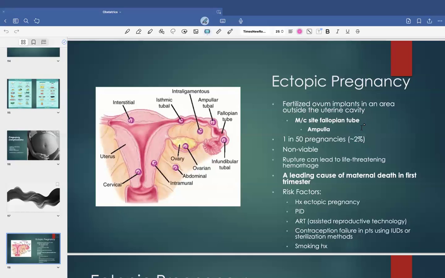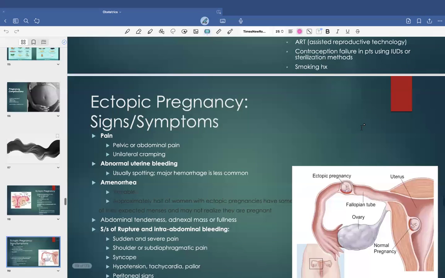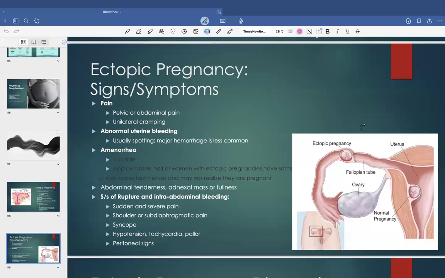So what do we see? Signs and symptoms. At first, an ectopic pregnancy may feel like a normal pregnancy: the same signs and symptoms, positive home pregnancy test, missed periods, tender breasts, your normal nausea and upset stomach. But then some warning signs may be a little different. First being pain: pelvic or abdominal pain, unilateral cramping.